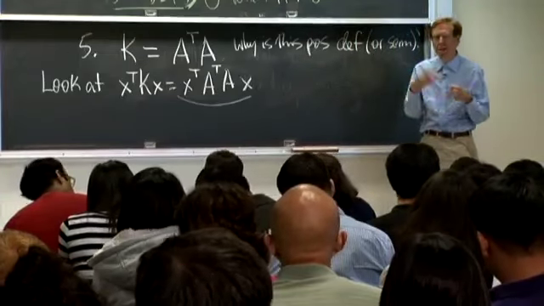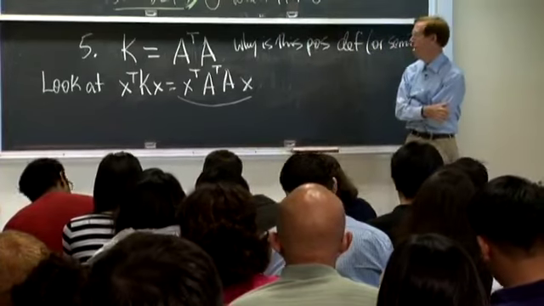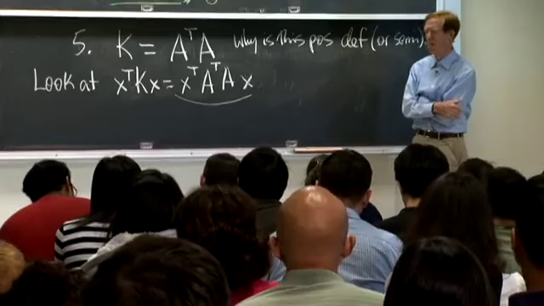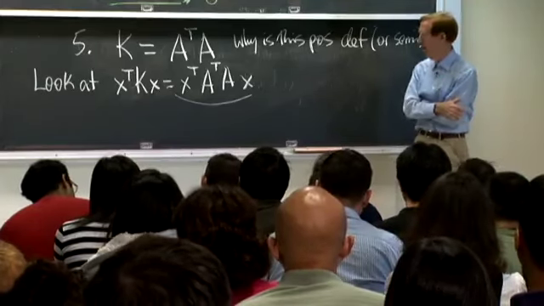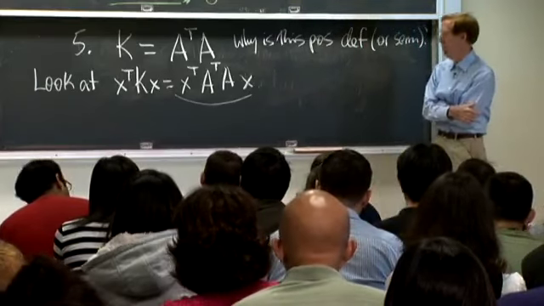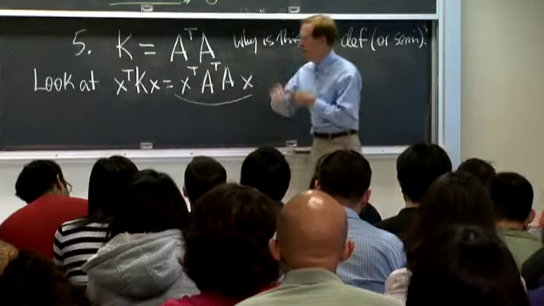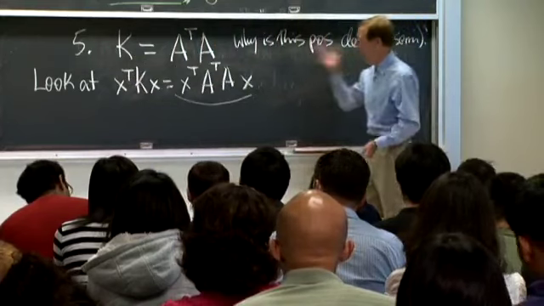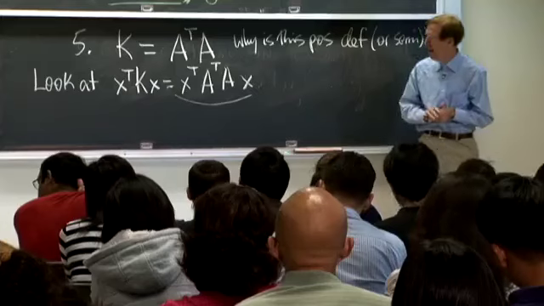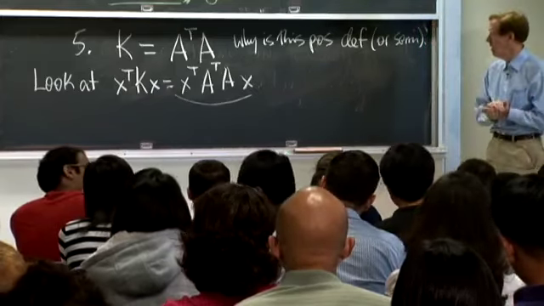Can you see any reason why that quantity, which looks kind of messy, should come out positive? I'm not going to get into numbers, diagonals and off diagonals. I'm just going to do one thing to understand that particular combination, X transpose A transpose AX.